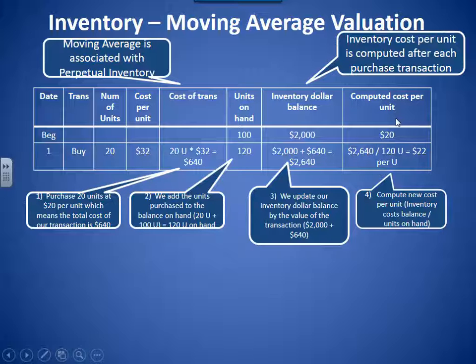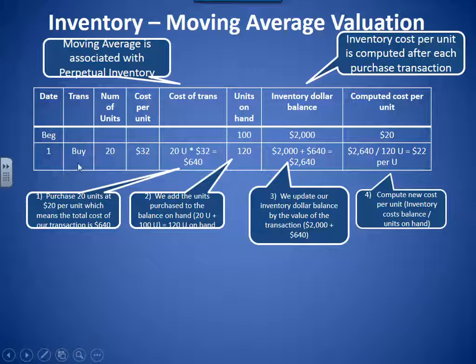We had beginning inventory equal to 100 units on hand, and the inventory dollar balance in total is $2,000, which computes out to $20 cost per unit.